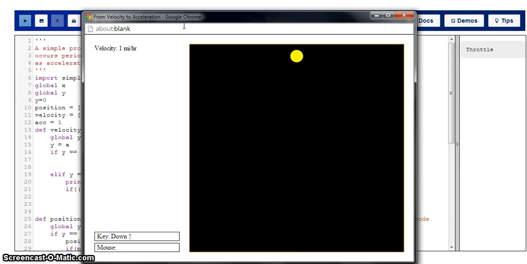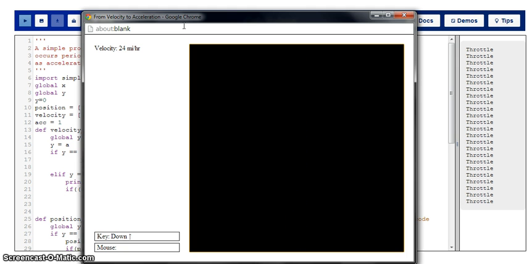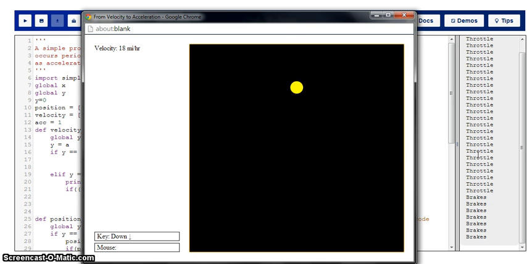If I keep pressing it, the velocity of the ball is periodically changing, and this can be looked upon as acceleration. You also saw that when I pressed the up arrow key, throttle got printed over here, and if I press the down arrow key, brakes is getting printed, and the car is slowing down.